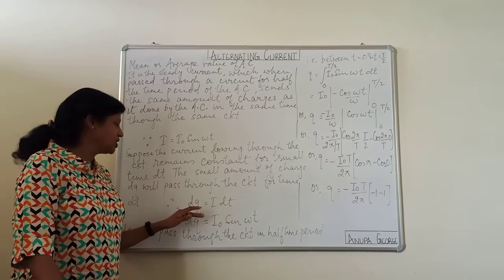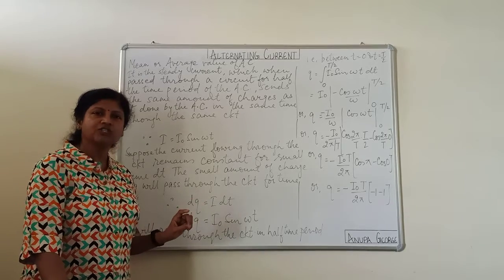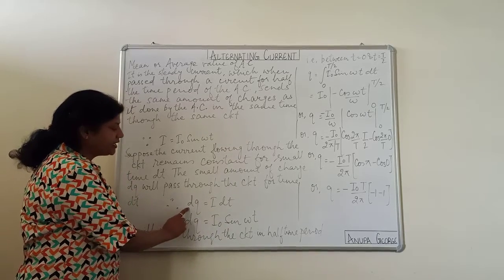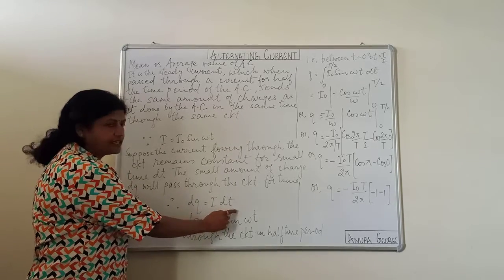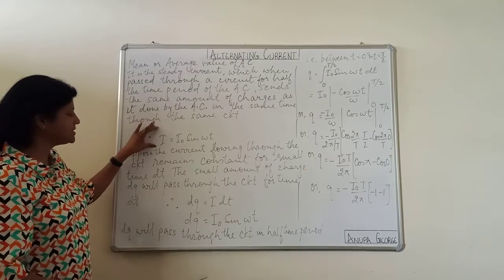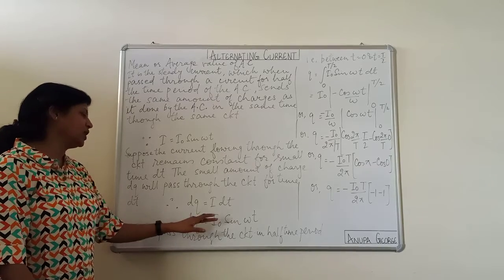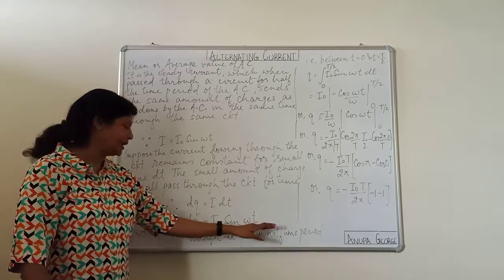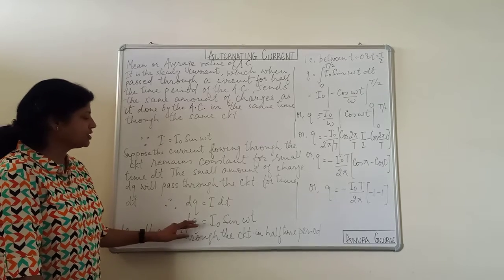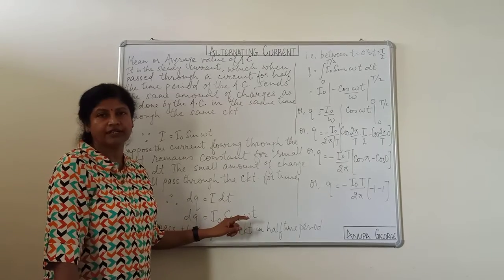Since charge q is equal to I t, for that small interval of time we can write dq is equal to I dt. Substituting the value of I, we get dq is equal to I naught sine omega t dt. This dq will pass through the circuit in half the time period.